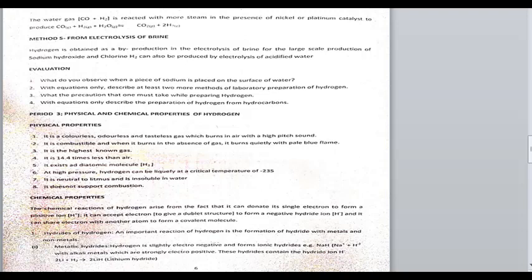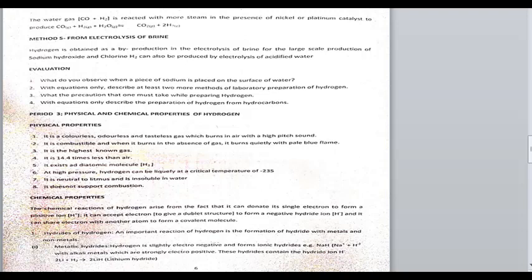Hydrogen is neutral to litmus paper. Those are the things you need to note. It is also relatively insoluble in water, because just about 2% of it will dissolve in about 100 cm3 of water.